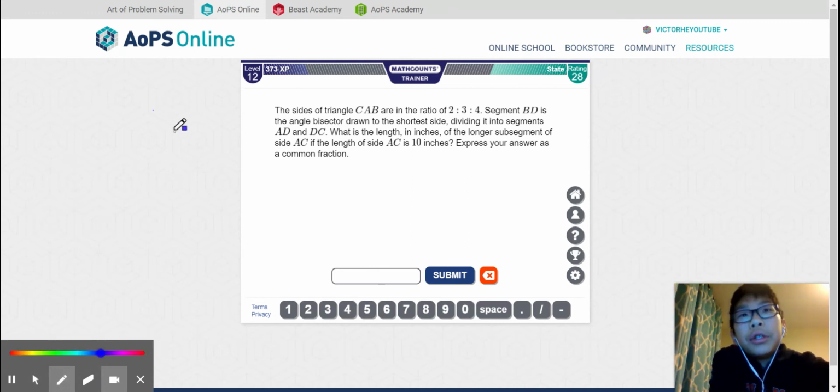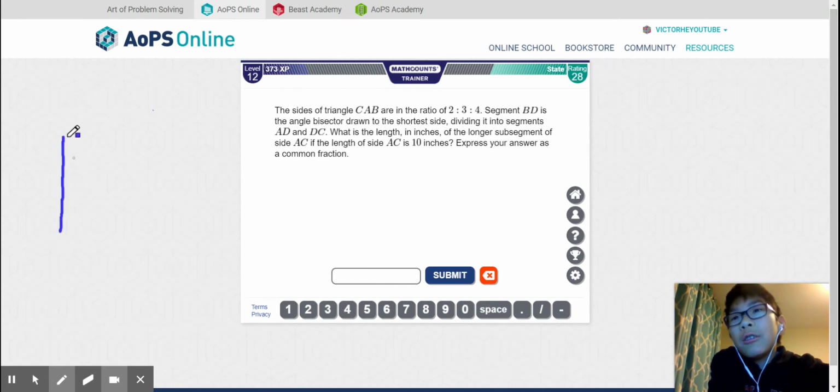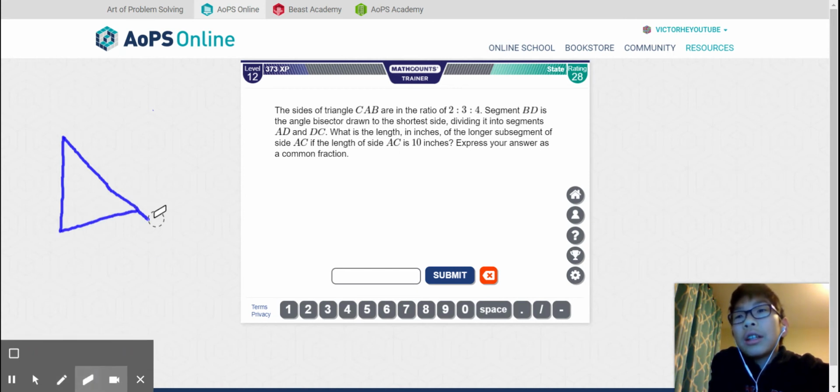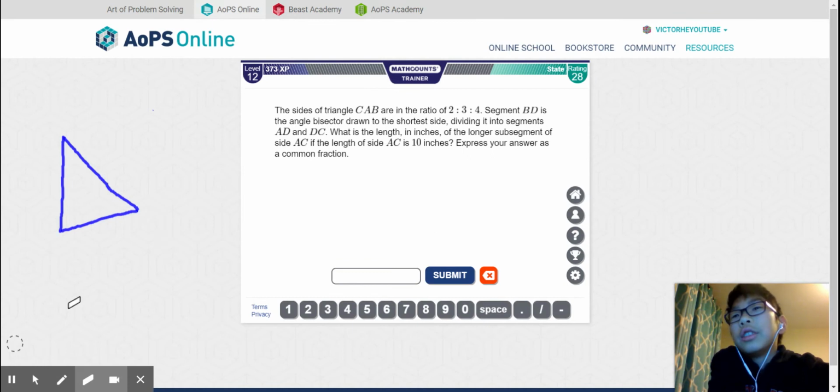So what we want to do is draw triangle CAB. So we have C. And we don't want it to look like a right triangle or anything like that, because it could be the weirdest triangle you've ever seen.